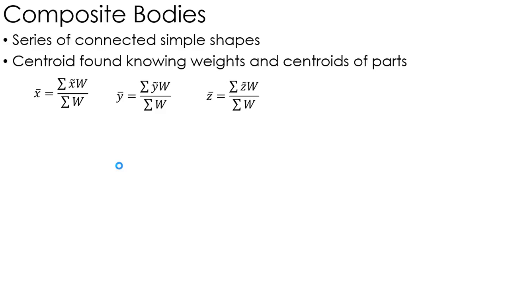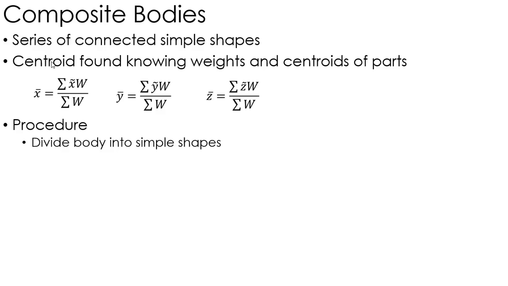Once I know the weight and centroid of each part, I can use that equation, but now I have a finite number of parts instead of an infinite number, so rather than an integral I just do a sum. It's the same equation for a finite number of parts.